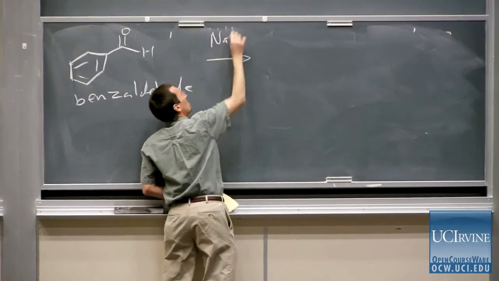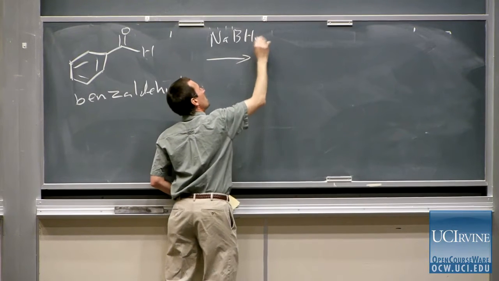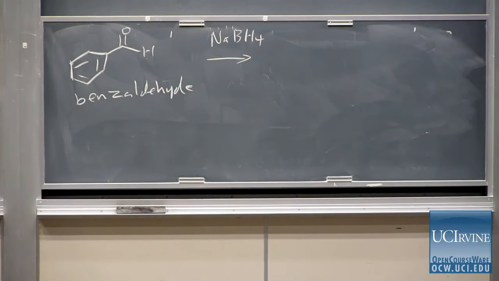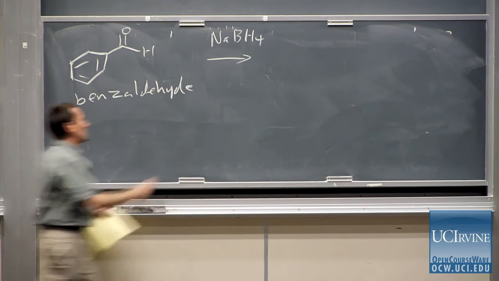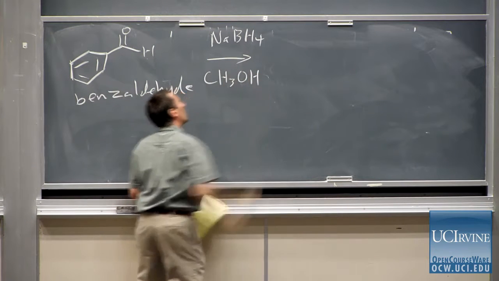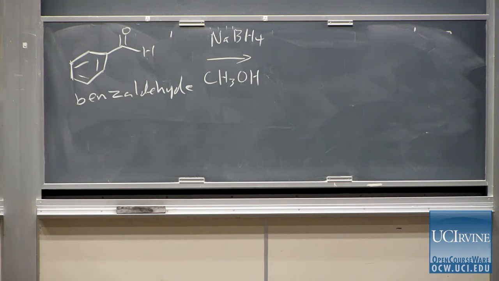If you take, for example, sodium borohydride, the reaction would work with lithium aluminum hydride, but I'd like to introduce you to other common reducing agents. And in this case, you can actually run the reaction in a solvent like methanol or ethanol. As I said, sodium borohydride reacts only slowly with water.